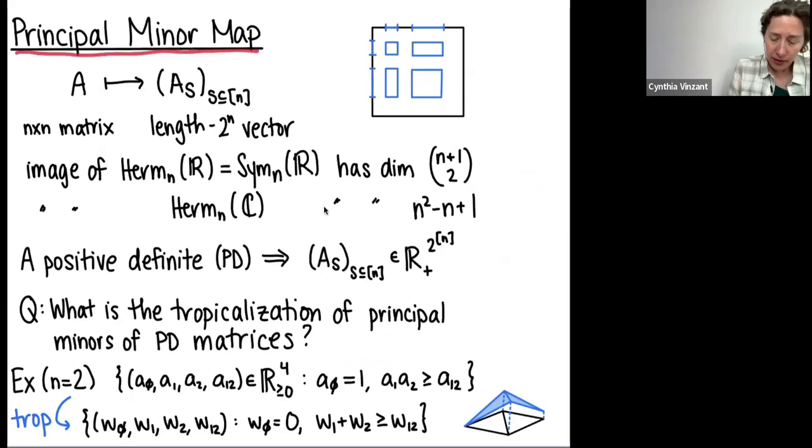Sometimes called the principal minor map. If we start with an n by n matrix, its image under the principal minor map is a vector of length 2 to the n, where for every subset of 1 through n, we pick out that set of rows and the same set of columns and take the determinant of the square submatrix with those rows and columns.